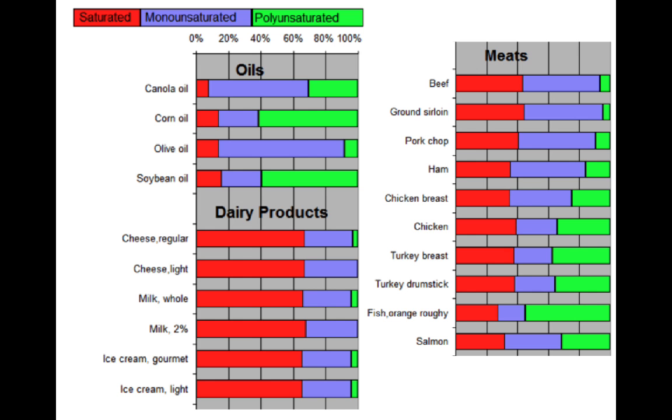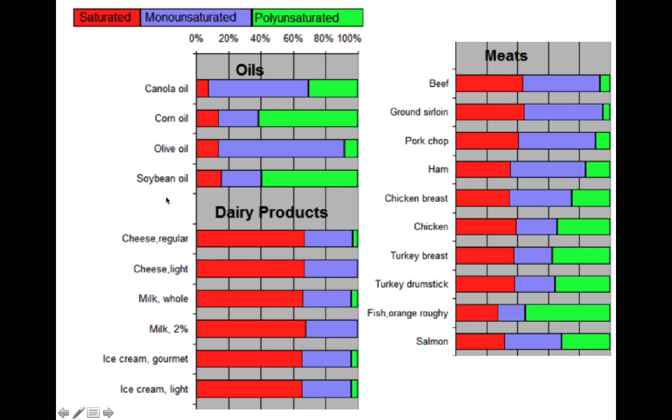When you hear about the oils, you're usually hearing about canola oil, corn oil, vegetable oils, etc. Our oils tend to be mostly polyunsaturated or monounsaturated, and not have a whole lot of saturated fatty acids. It's really the saturated fatty acids that lead fats to be solid at room temperature.